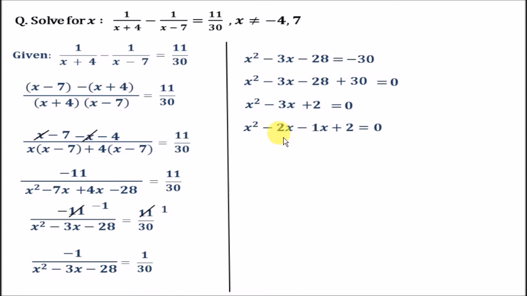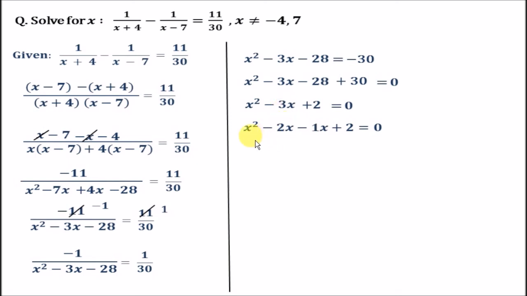Our equation can be split as x squared minus 2x minus 1x plus 2 equals to 0. Here we have split the middle term minus 3x as minus 2x minus 1x. Minus minus plus, but sign will remain minus, and 2x plus 1x will give us 3x.